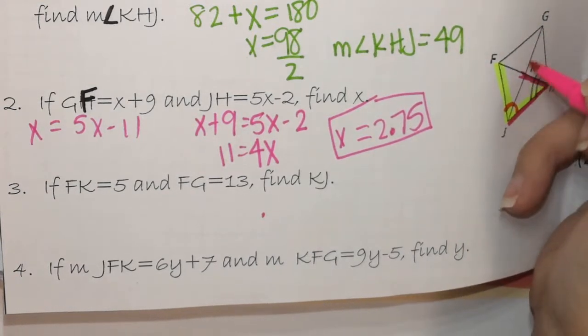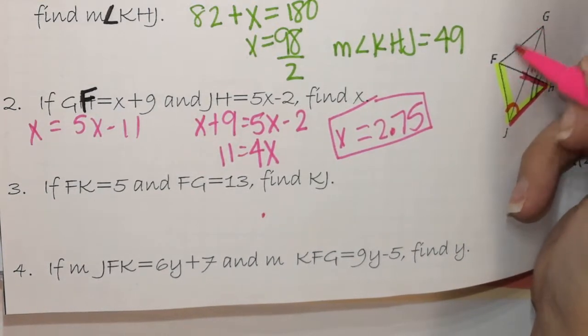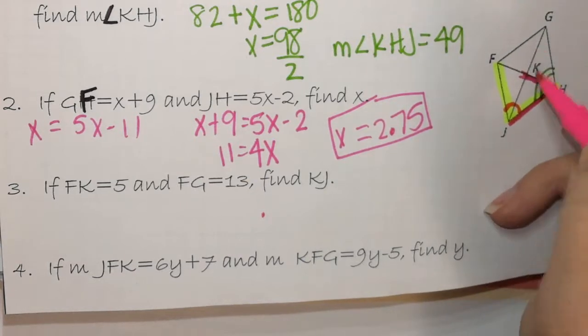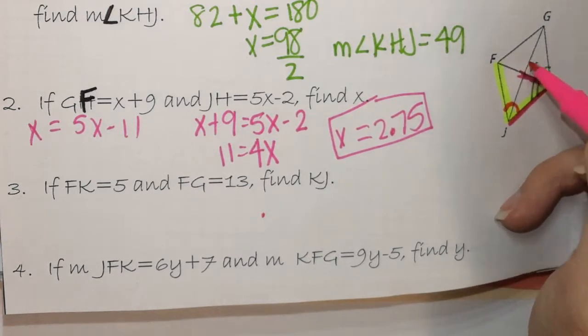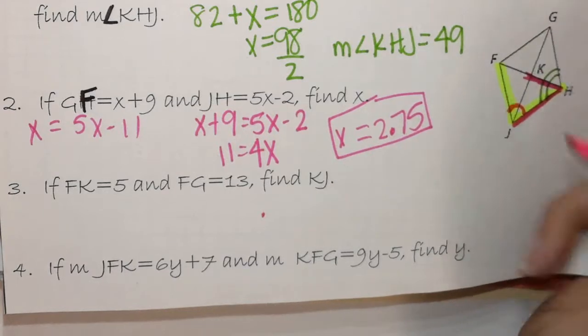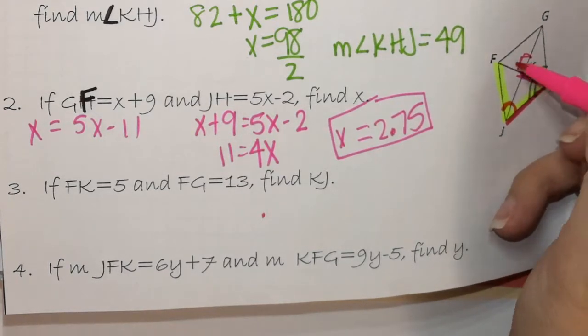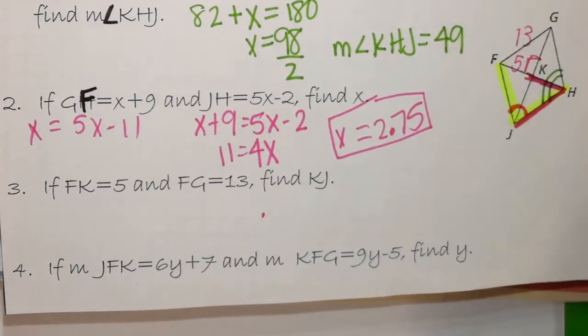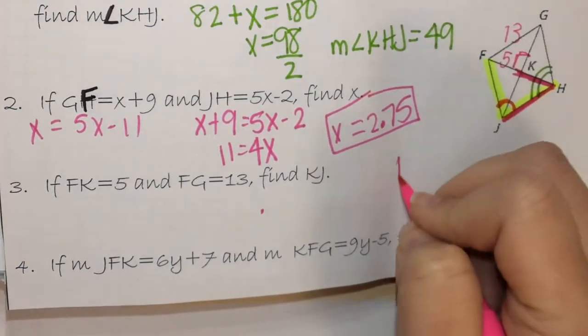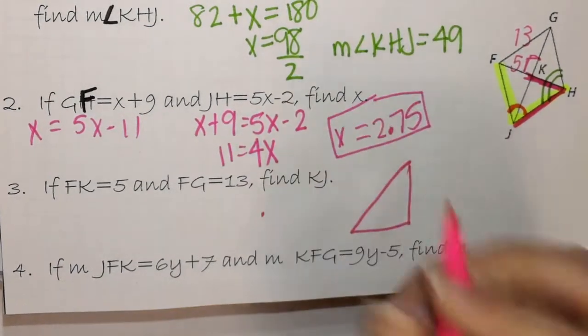What kind of triangle does this make? What do we know about the intersection right here? They intersect at what kind of angle? Right. A right angle. So if this is 5, and this is 13, what did I just make? Right. Redraw it right here.